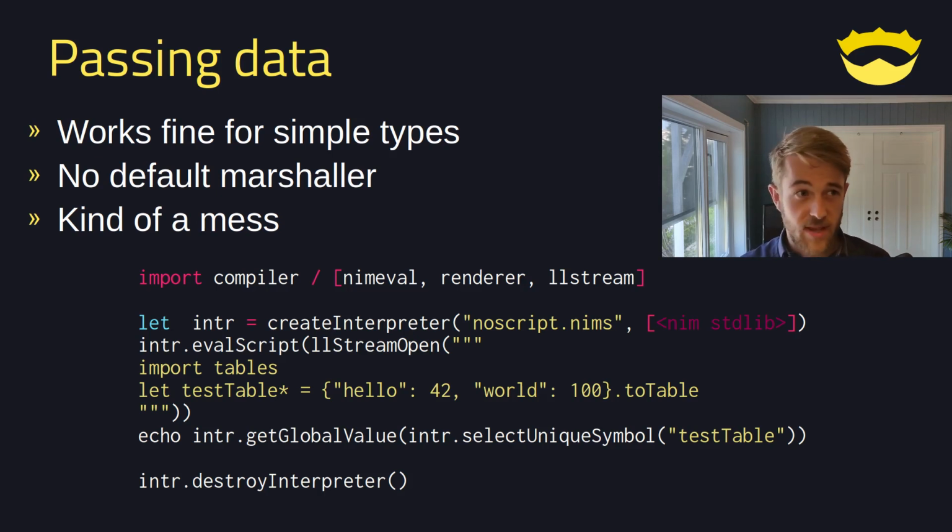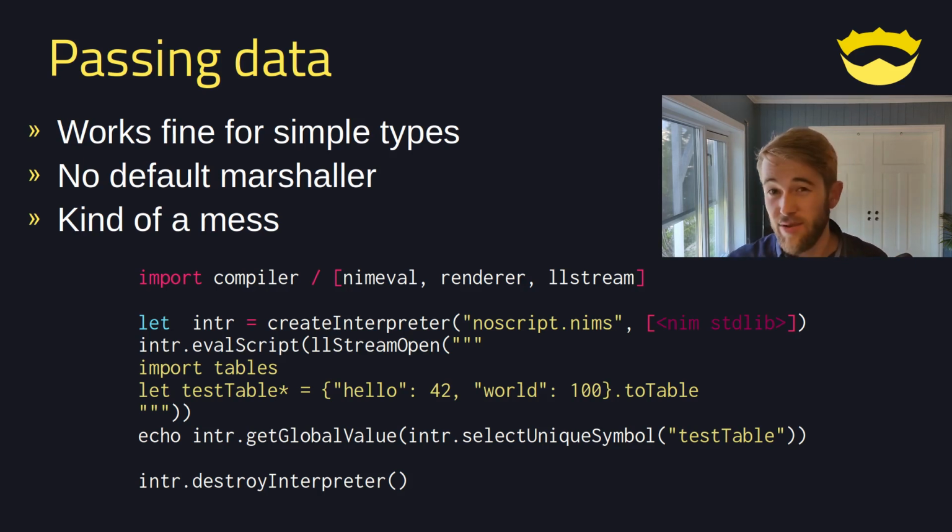So, for example, here, this table that we see here. Just to explain, we have the name of the script, just for error messages and stuff. We evaluate the script, that is this string. And then we get the data out and echo whatever we get.